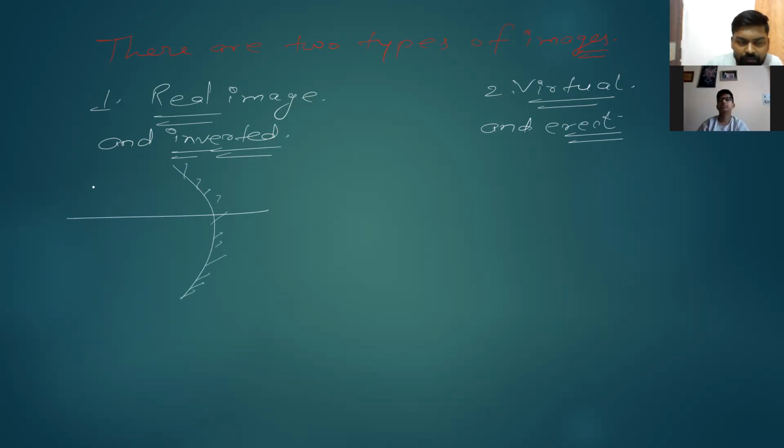If object AB is placed at the upper side of the principal axis, means it's facing in the upper direction, and its image is in downward direction. So it is called inverted.